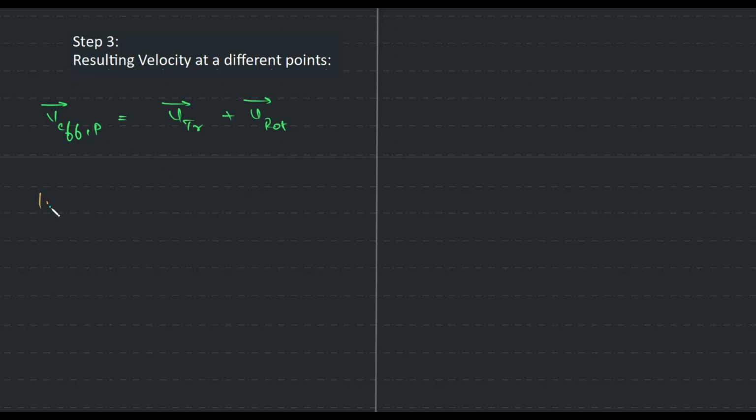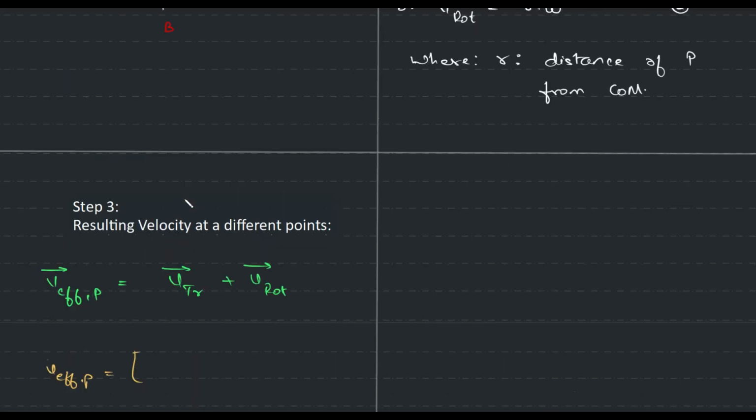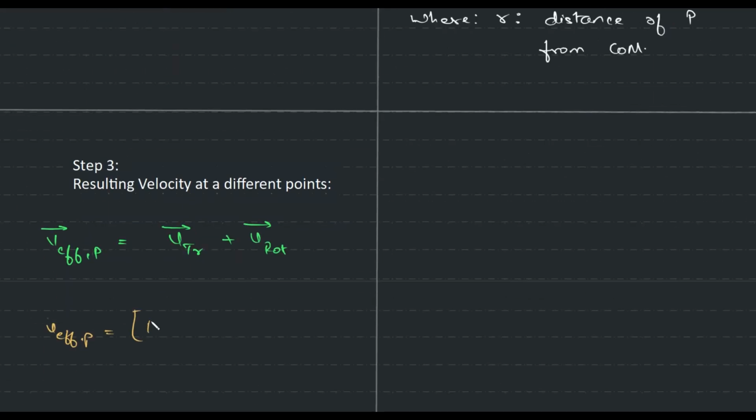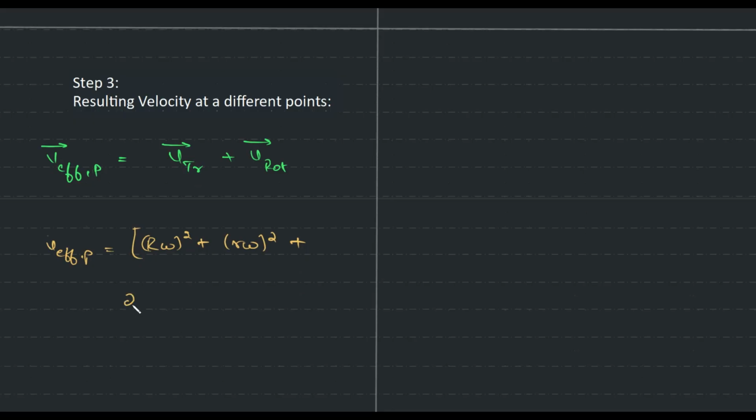So in terms of magnitude, if I substitute them, this would be the root of (R omega) squared plus (small r omega) squared plus, I hope you guys remember this, 2 R r omega squared sine of theta.